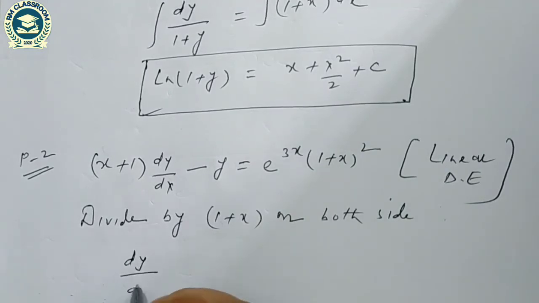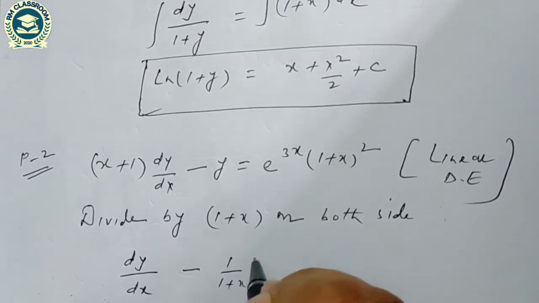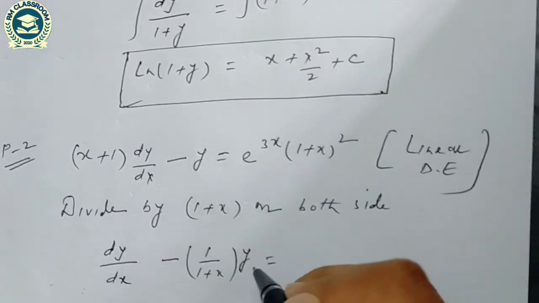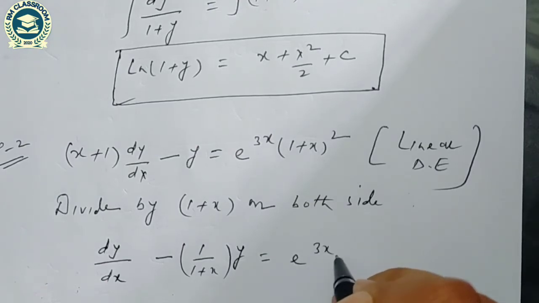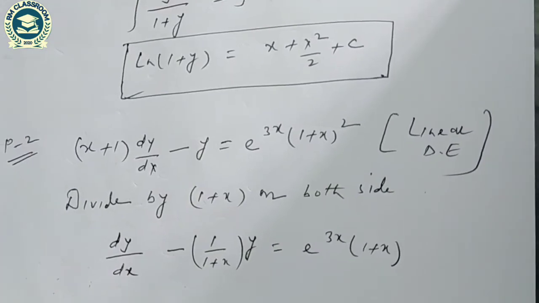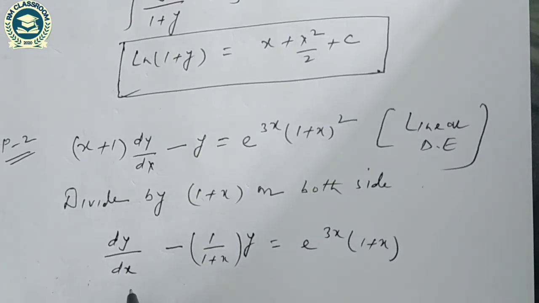So dy by dx minus 1 by (1 plus x) into y is equal to e to the power 3x into (1 plus x). So this is the form of dy by dx plus P(x) into y is equal to Q(x).